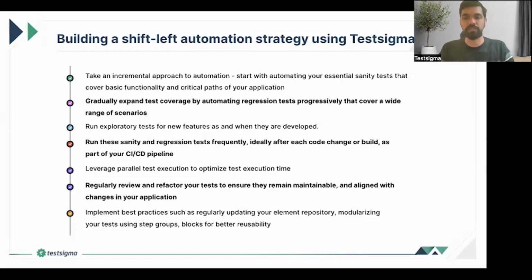You want to automate this set of tests first before you move on to anything else. Once you nail these steps, and once you integrate or schedule runs frequently, every day or every week depending on your release cycles, that's when you will be able to see the results of automation faster.